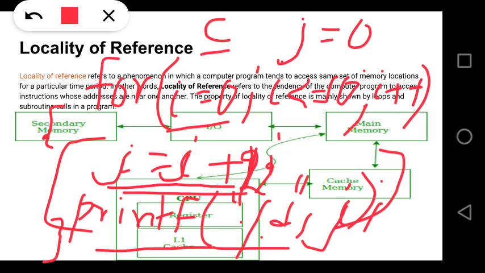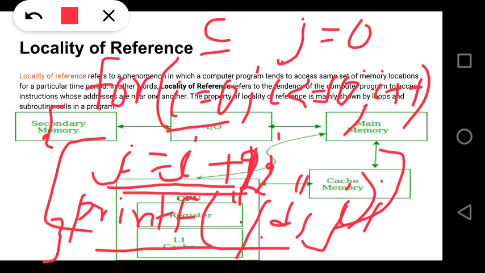Each time, if the body of the loop is stored in the physical memory, you need to perform a memory read operation, and it is a time consuming process.